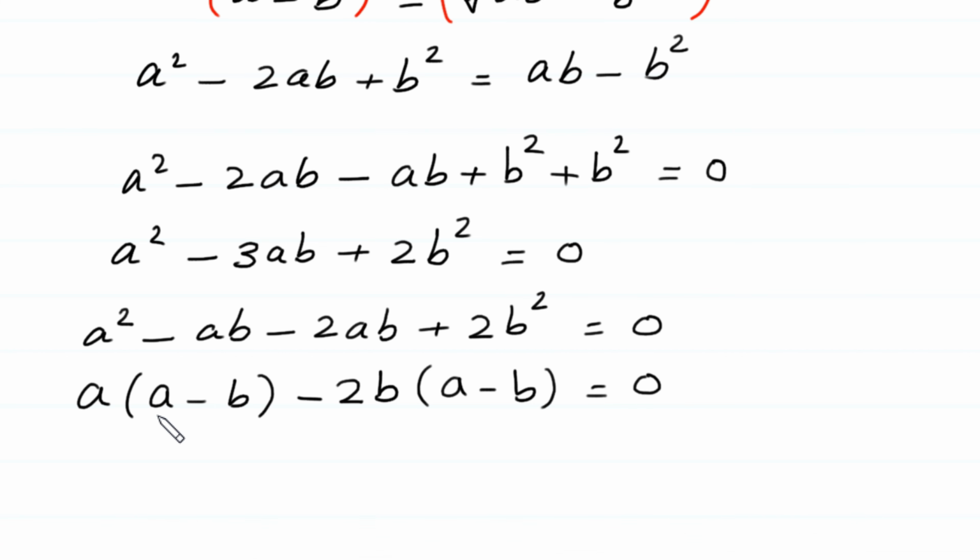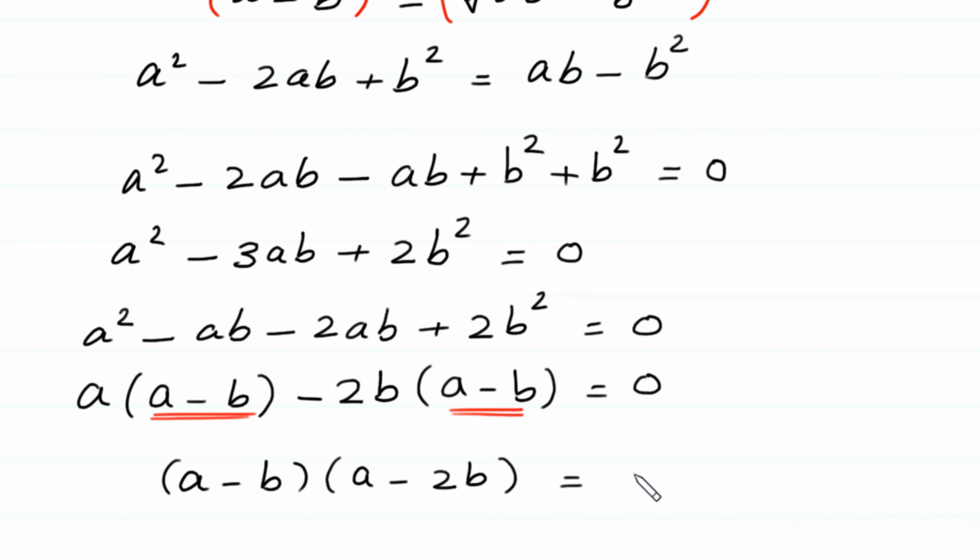Now from here we can take a minus b as common: a minus b times, in bracket, a minus 2b is equal to 0.